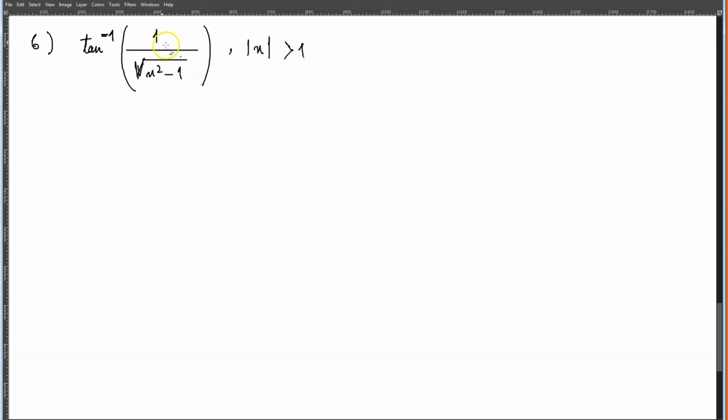Now to simplify this, of course you need to somehow write this in terms of tan of some angle, right?